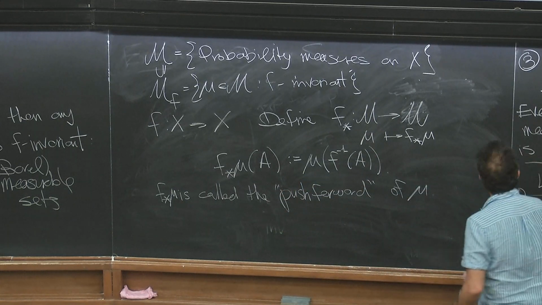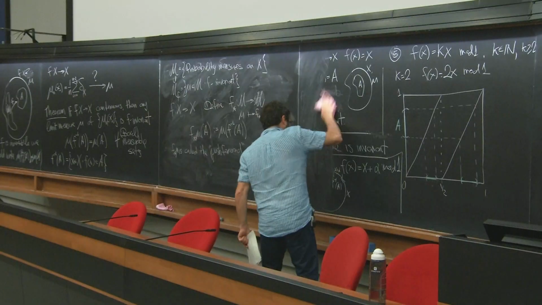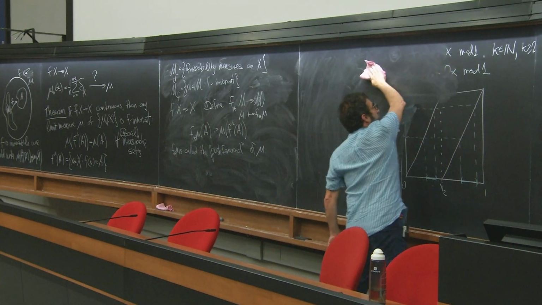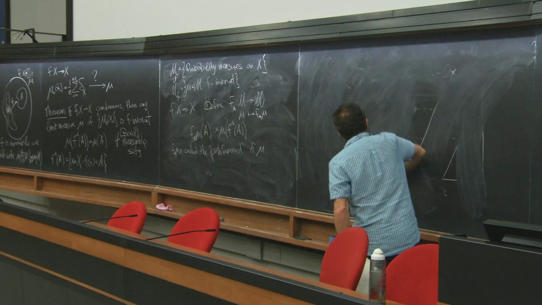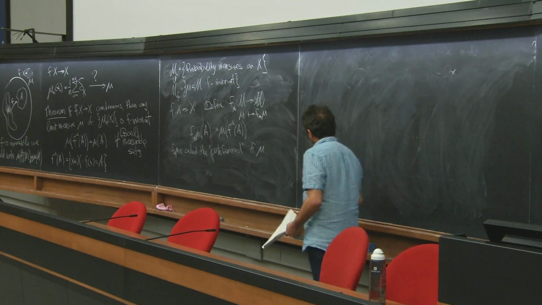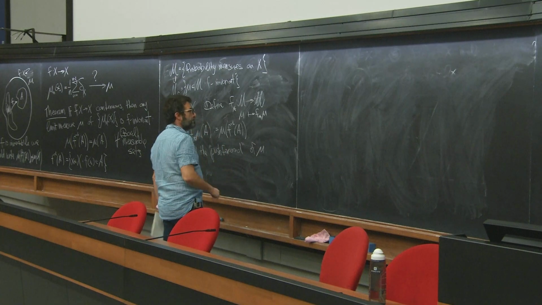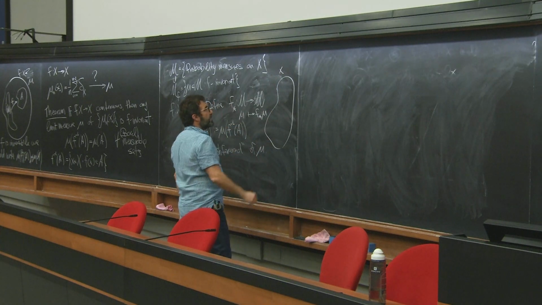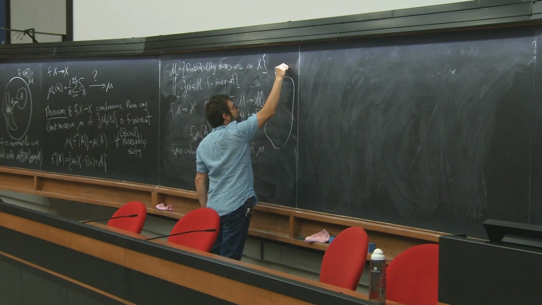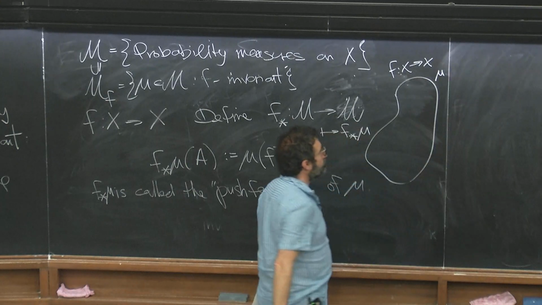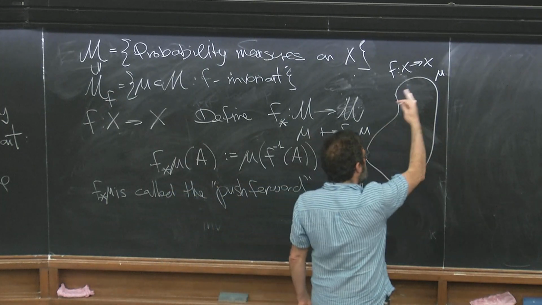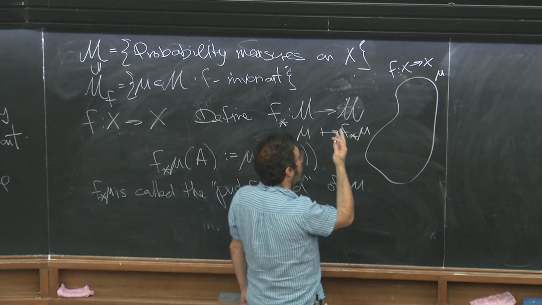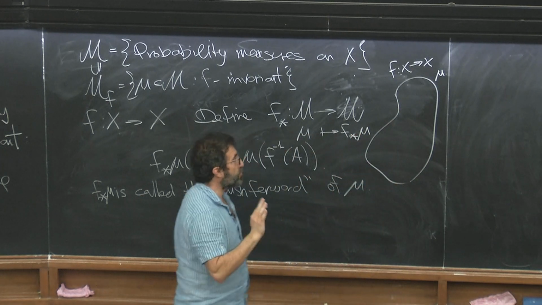So what is the meaning of this here? We have our space X, we have our map F, and we have a measure mu that gives measure to every Borel subset. Now, we're not worried about whether mu is invariant or not.